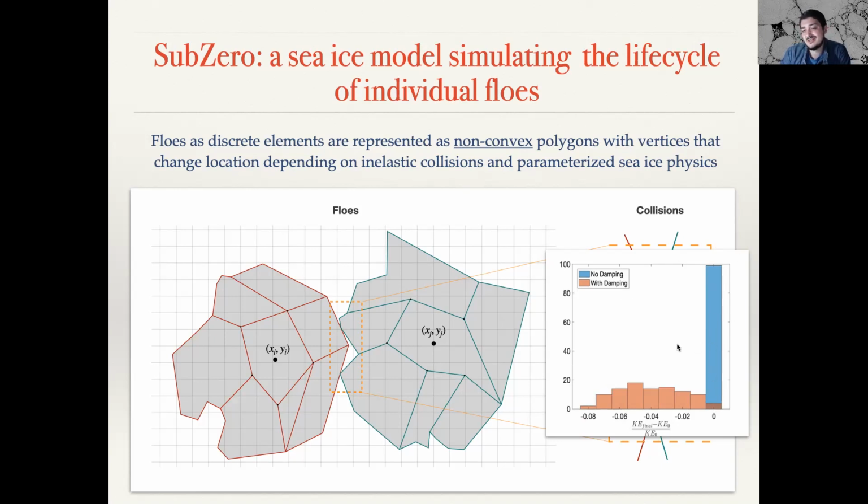If we include frictional forces, then tangential forces, you can skew this distribution, the orange ones, towards dissipation. And if we include extra dissipation, closer to perfectly inelastic collisions where most of the energy is being lost, then the distribution can go all the way to the right to -1, which is one limit of the collision dynamics, if you wish.